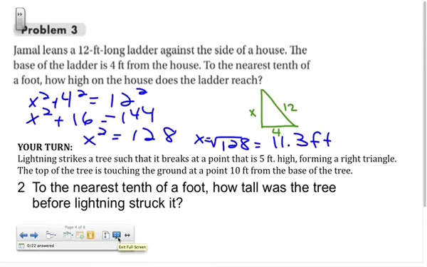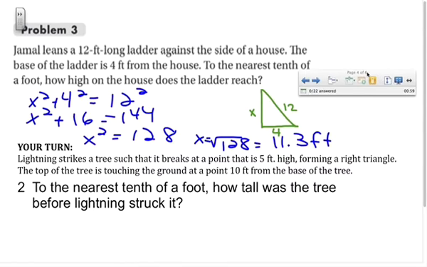Make sure you're reading the question. Read the question. Think about this tree, okay?